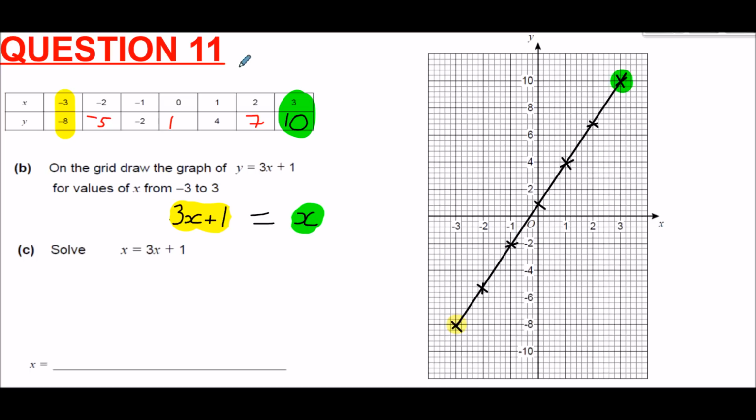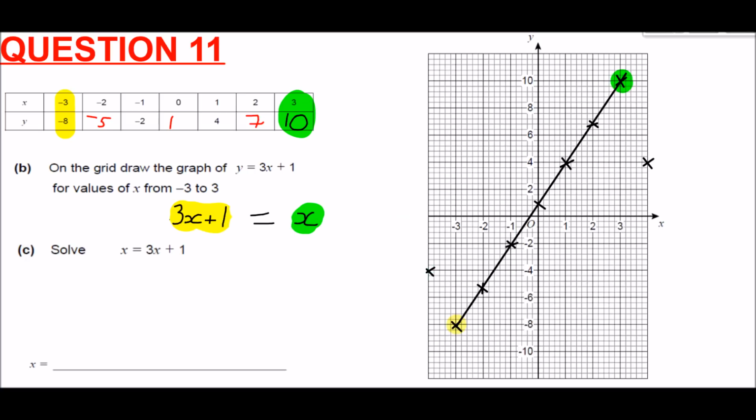And so what we can do is the line of y equals x, so we can just pick any points where x and y are exactly the same as each other. So x and y are always going to be exactly the same. So for example, if x was 4, y would be 4. When x is minus 4, y would be minus 4.